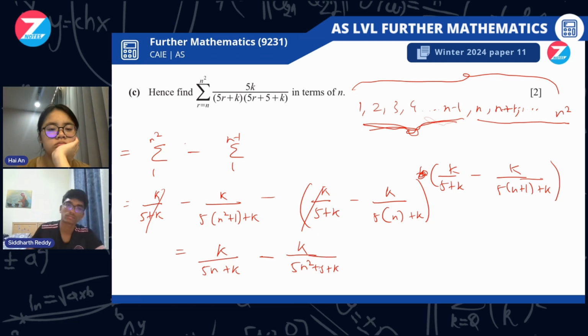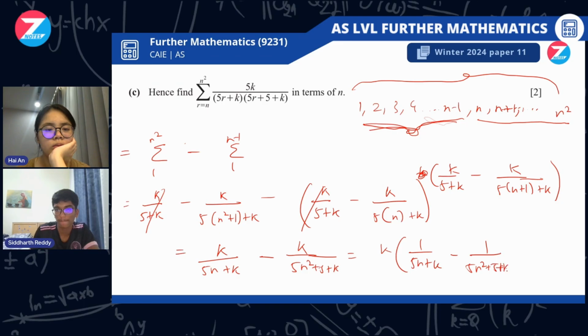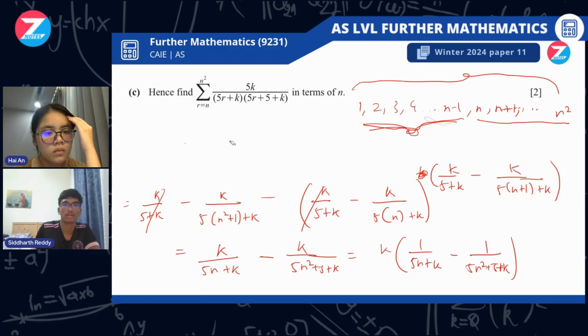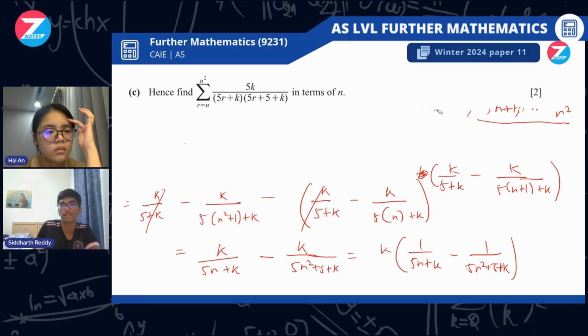Okay, so we can simplify this further after factoring out the k: k into 1 by 5n plus k minus 1 by 5n squared plus 5 plus k. So we'll be able to simplify it in such a way that the k's vanish.